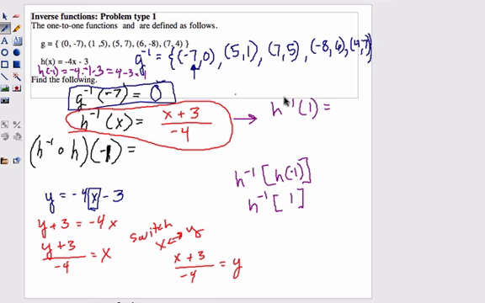So I replace the x with a 1. 1 plus 3 over negative 4. So that's going to give me 4 over negative 4, which is a negative 1. Okay, so this is a negative 1. I should put that here.